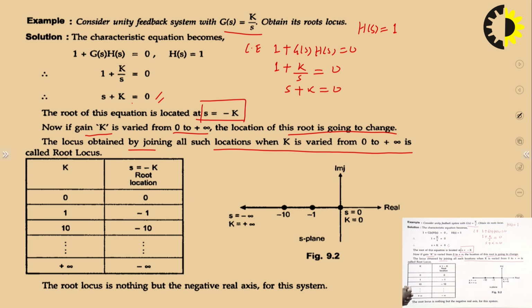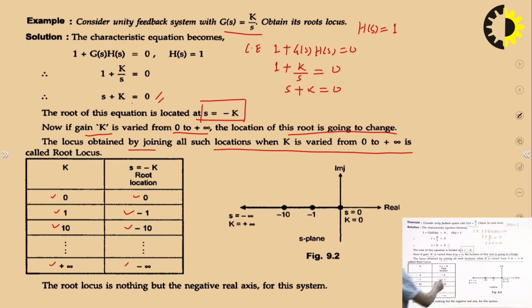So root locus is the locus of the movement of this root, S equals minus K. First we check the value at K equals 0: we get S equals 0. At K equals 1, it becomes minus 1. At K equals 10, it becomes minus 10, and so on up to plus infinity. At plus infinity, the value becomes minus infinity.